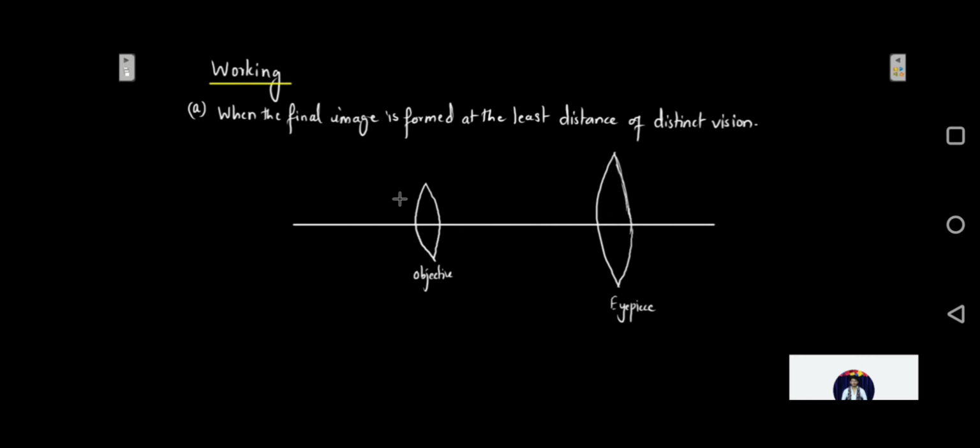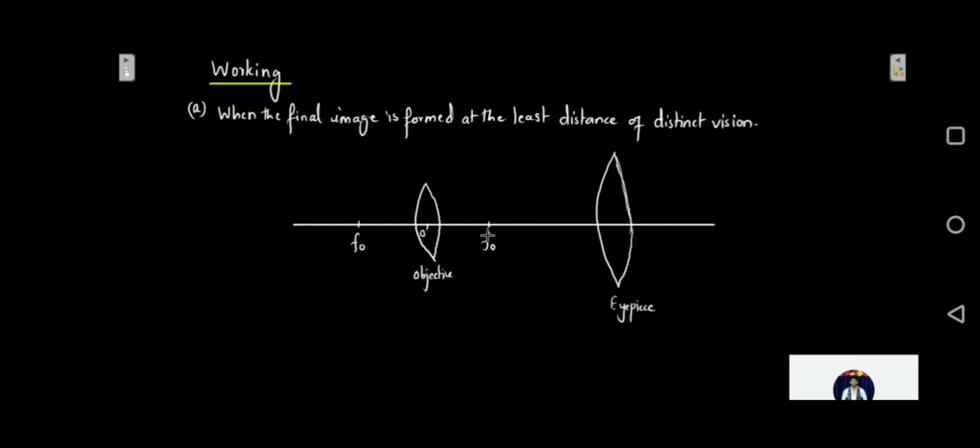So in this case, the object AB, which is to be viewed, is placed at a distance, let's say u0, which is slightly larger than the focal length of the objective. So this is my objective. Let us say O is the optical center of the objective. Let us say Fo is over here, the focal length of the objective on this side, and on this side too.